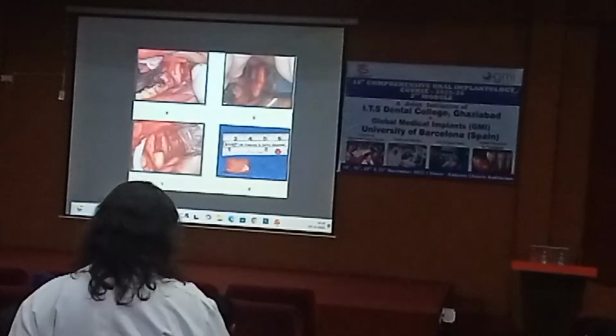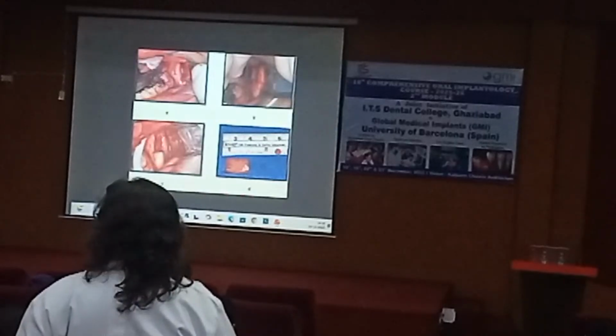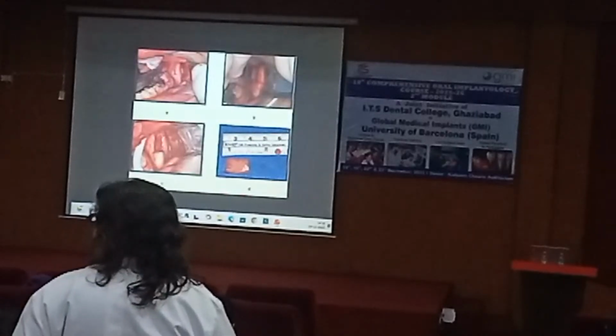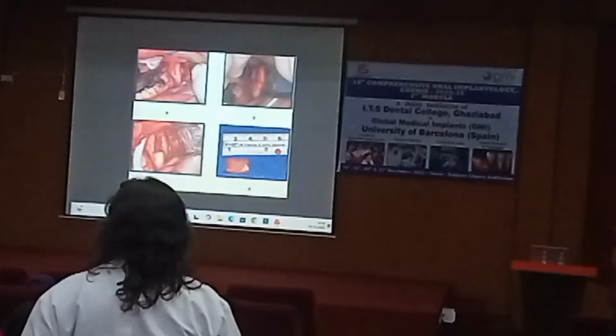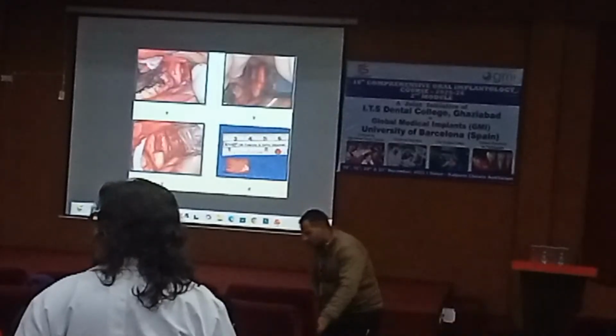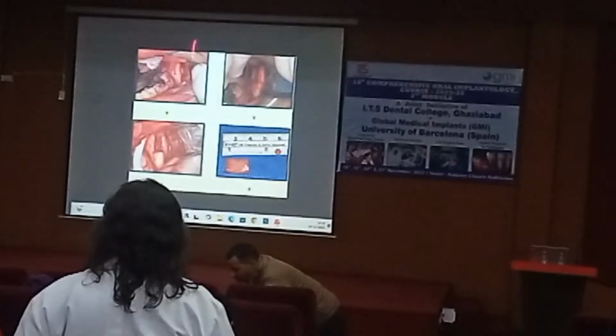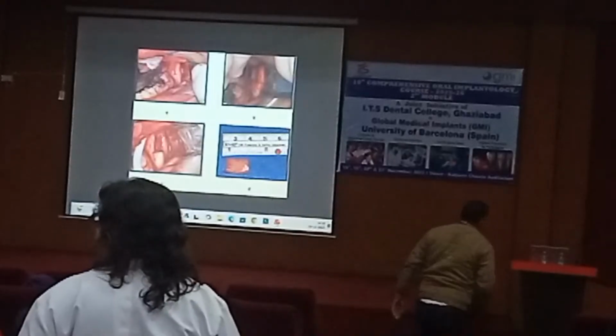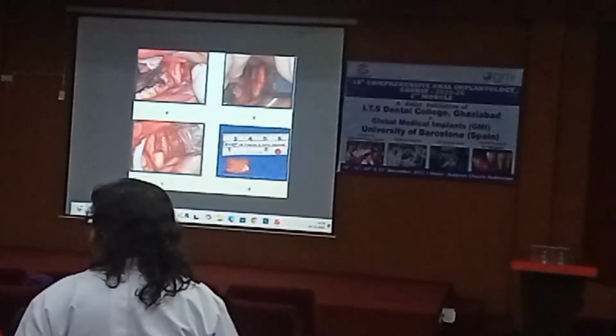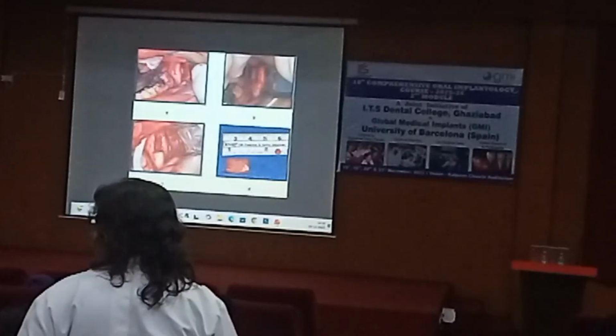So this much bone harvested from the third molar area, external oblique ridge, will 100% cause a lot of post-operative discomfort to the patient, which my implant site will never cause.